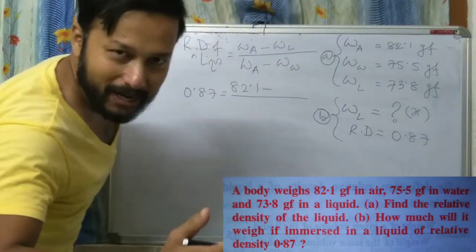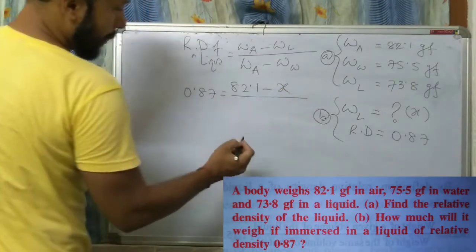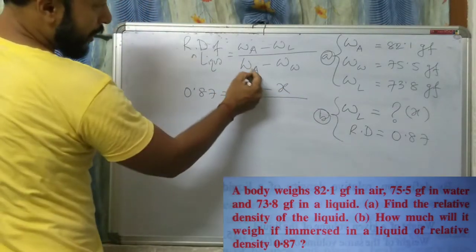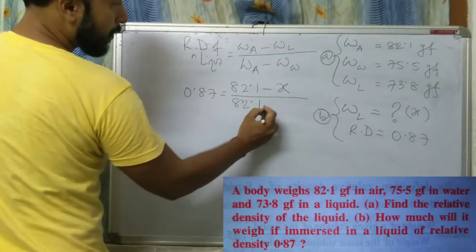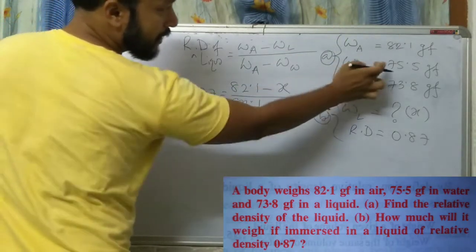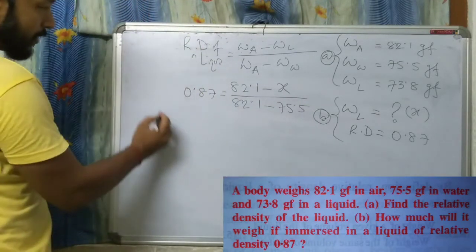Let it be x. So now we have (82.1 minus x) divided by weight of the object in air 82.1 minus weight of the object in water 75.5.